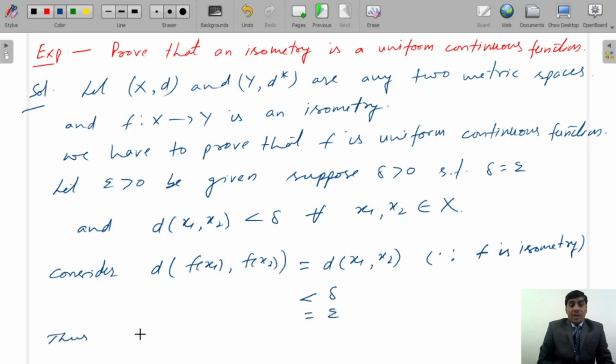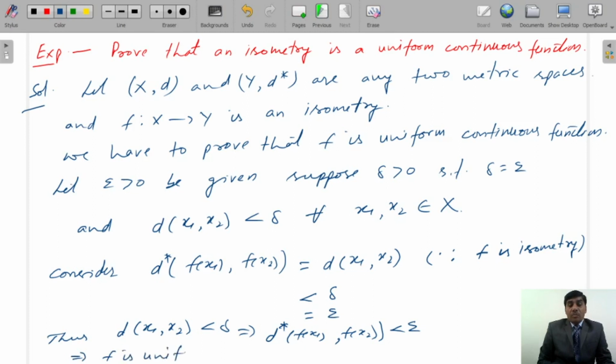Thus d(x1, x2) is less than delta. This implies d star of f(x1), f(x2) is less than epsilon. This implies f is uniform continuous.